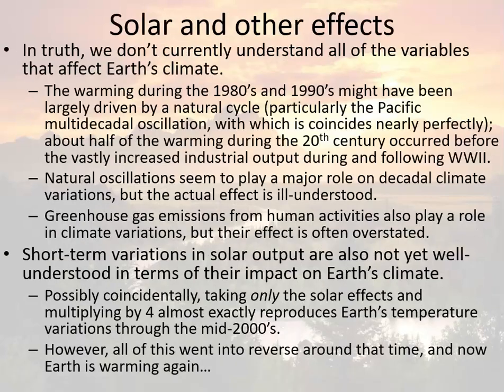20th century. So skipping ahead, throughout the 1980s and the 1990s, there was a particularly strong Pacific multi-decadal oscillation. This oscillation over the centuries has been known to be associated with warmer than average global temperatures, and it was quite strong during this time.